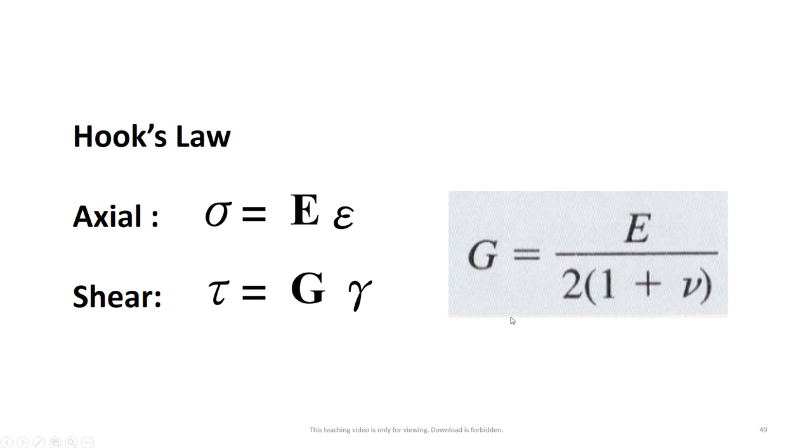If the material is not isotropic, it should not be equal. When you study in a master's degree, you will discuss what kind of case is equal and what kind of case is not equal. But in our topic discussed here, all the materials are isotropic, so it should be equal.